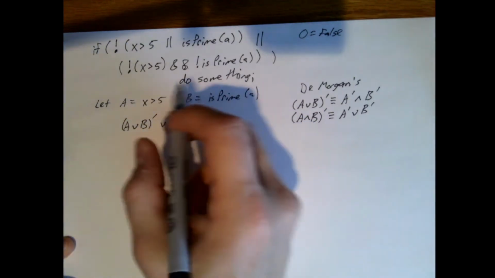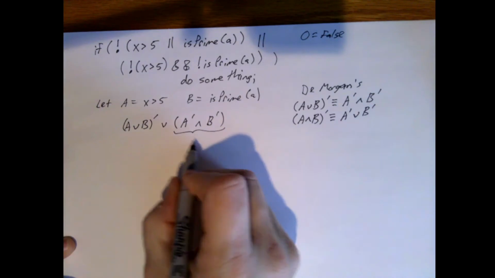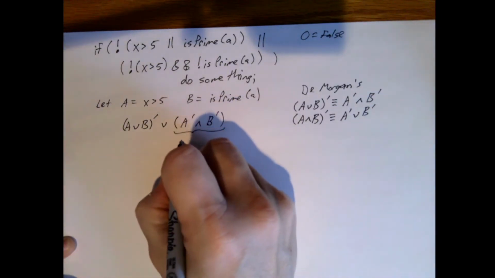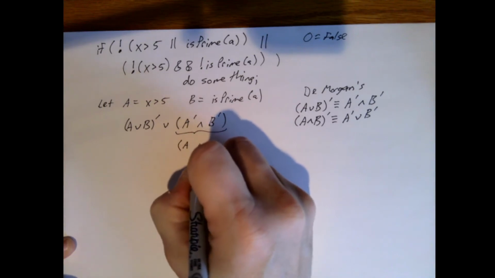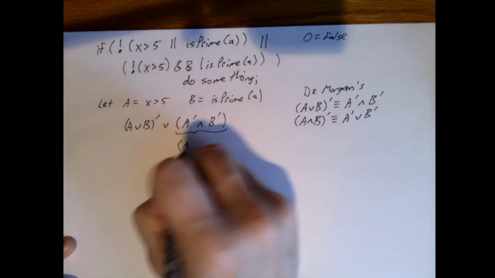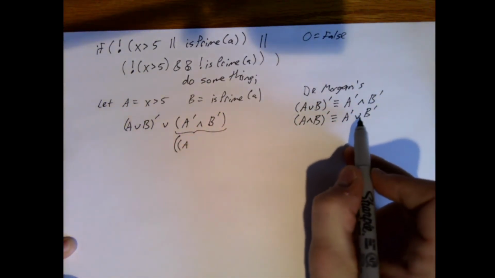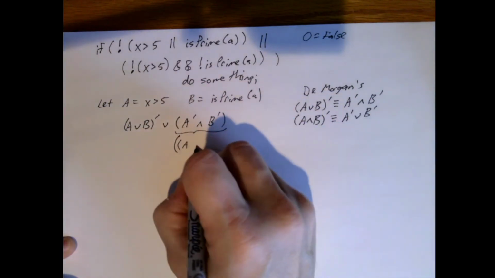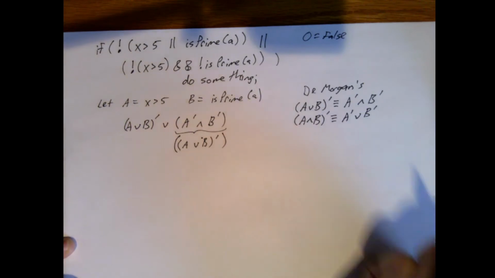So look at this. Let's change this one. So what is this right here? We'll put in 2 parentheses here. So A, we have this right here. So it's going to be an or in here. B, not, right?